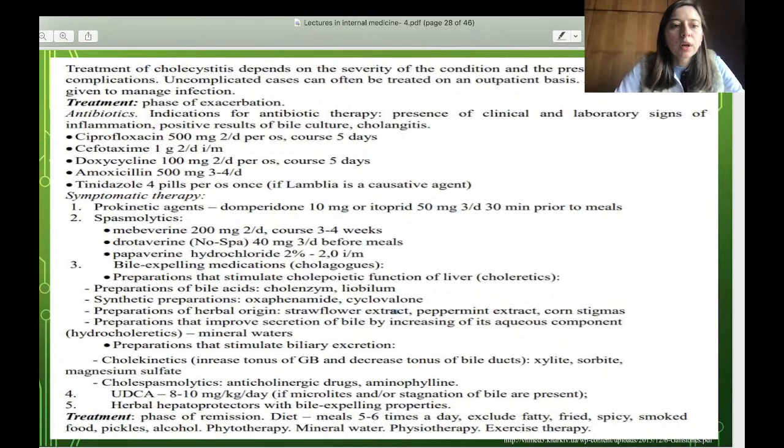Next step, UDCA 8-10 milligram per kilogram a day, and herbal hepatoprotectors with bile expelling properties.